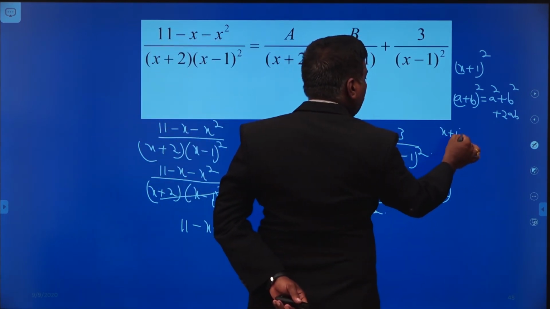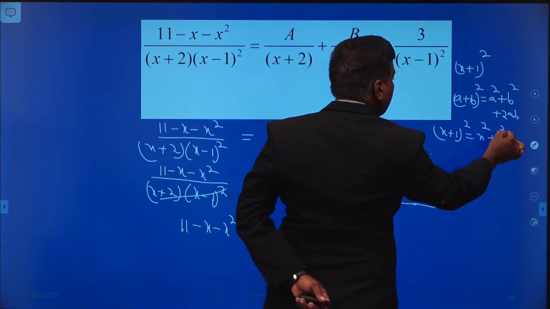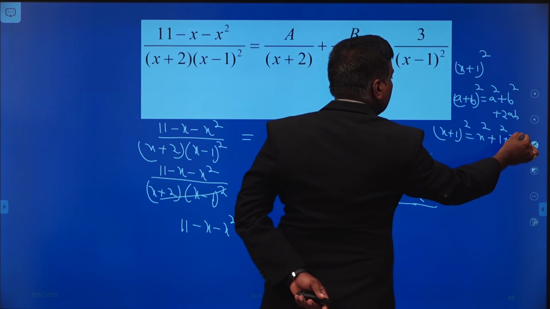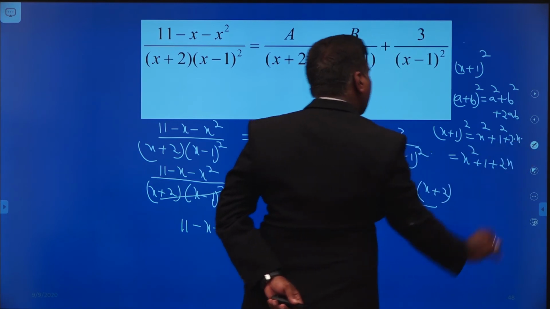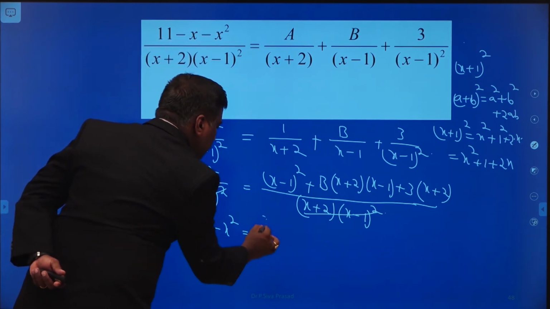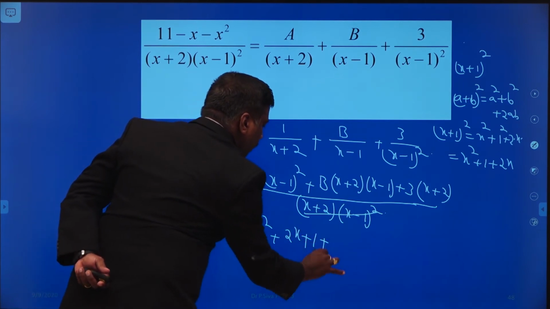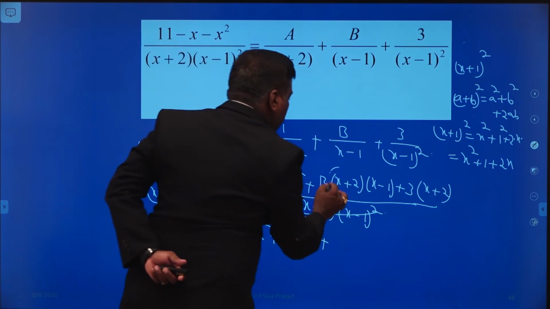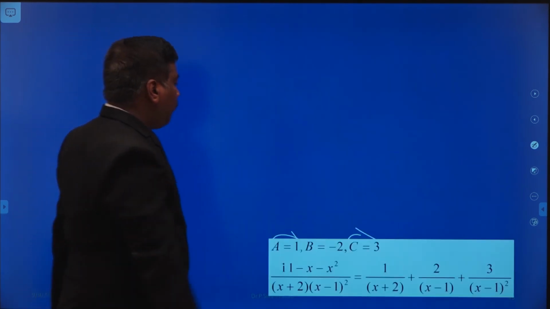So (x + 1)² is equal to x² + 1² + 2·x·1, that is x² + 1 + 2x. After expanding this, it is x² + 2x + 1. Plus, now our intention is to multiply these two terms, (x + 2)(x − 1). Please all of you see this.